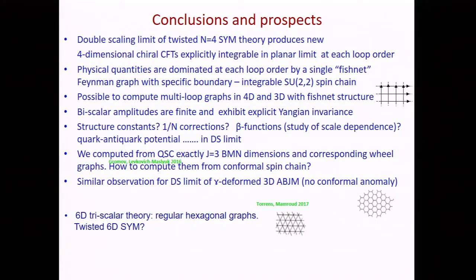A similar story exists also for the ABJM model in 3D. Also a nice four-scalar interaction, phi to the 6. Then also the six-dimensional case could be considered, a six-dimensional theory, although we don't know which super Yang-Mills theory it corresponds to.